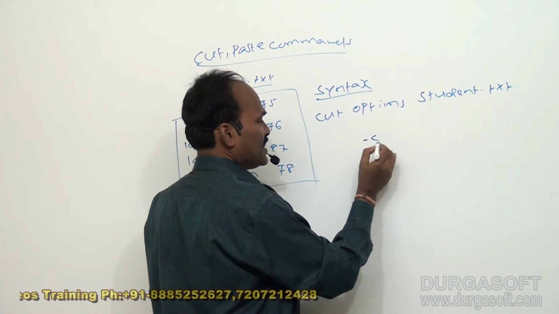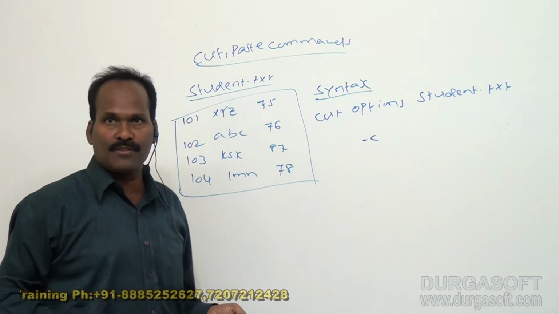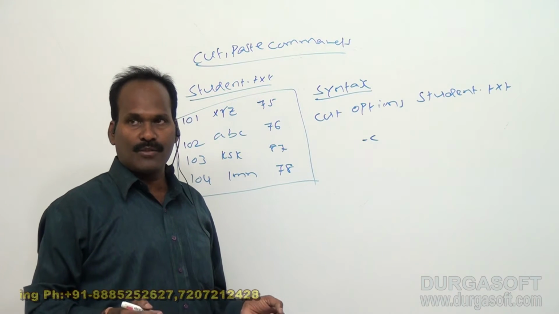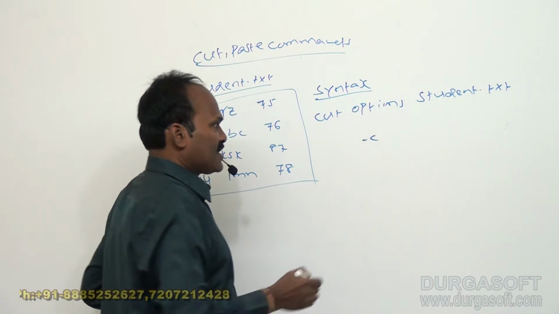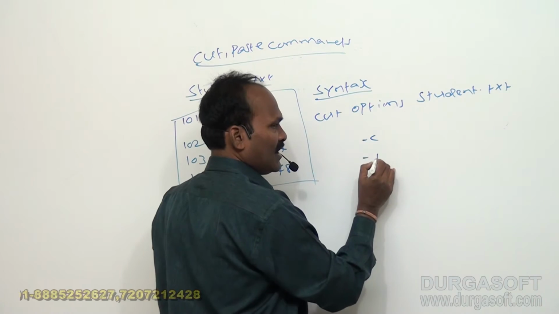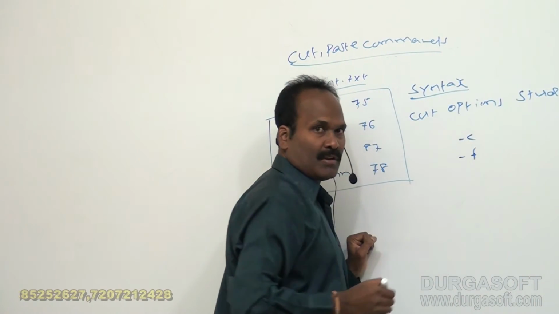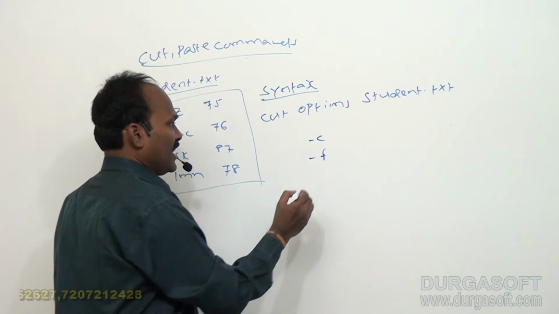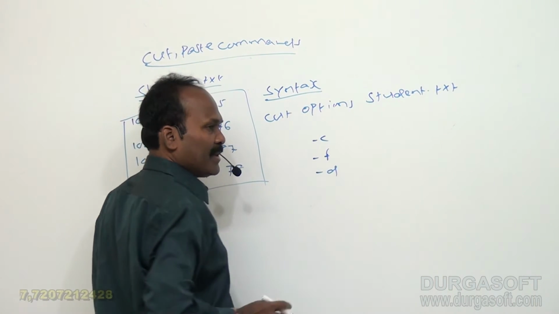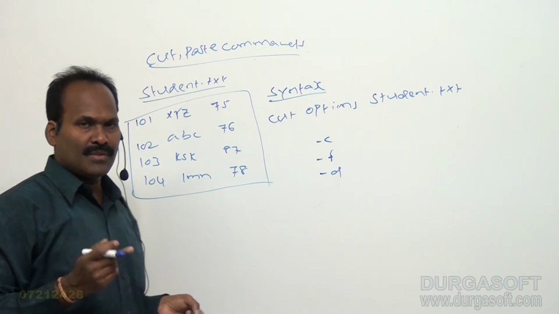The -c option is for specifying the number of characters to be extracted, and -f is for specifying the field number, which field you have to extract, and the -d option is for specifying the delimiter. Delimiter means field separator.